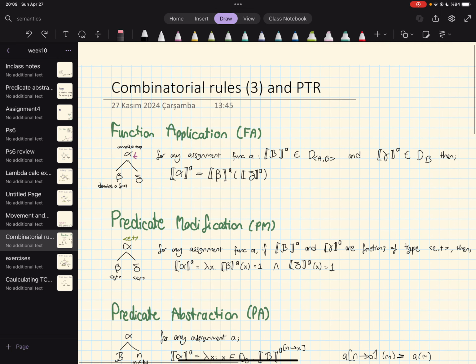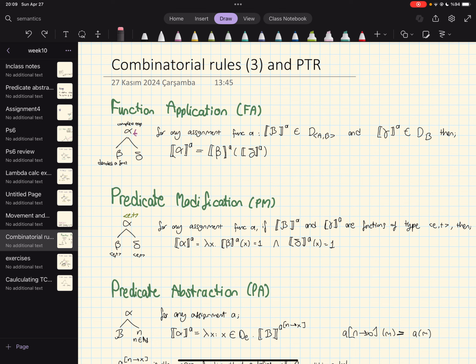We have three combinatorial rules. The first one, and the one that we're going to use the most, is function application. It's the easiest one.